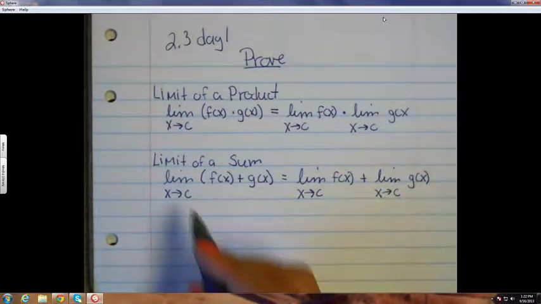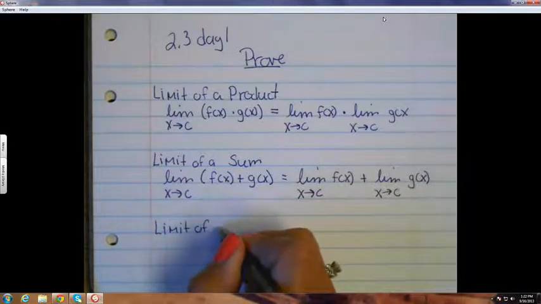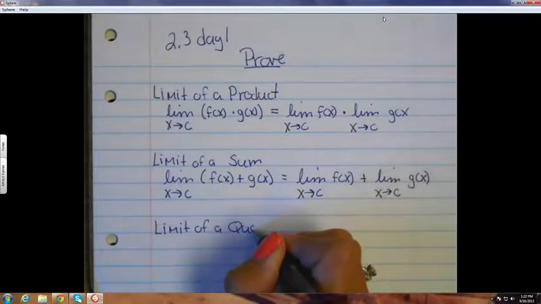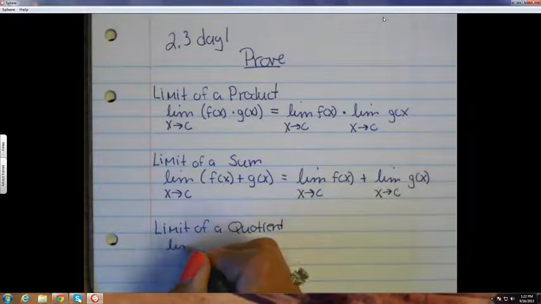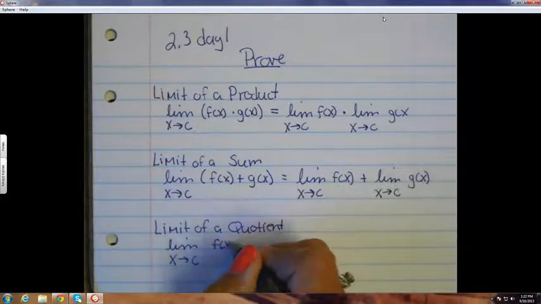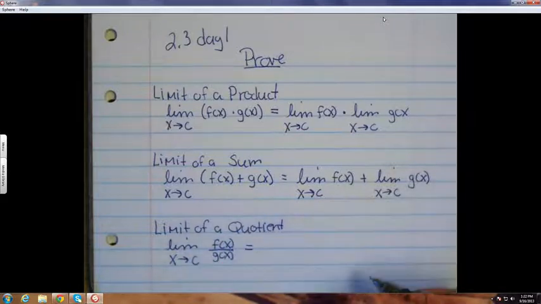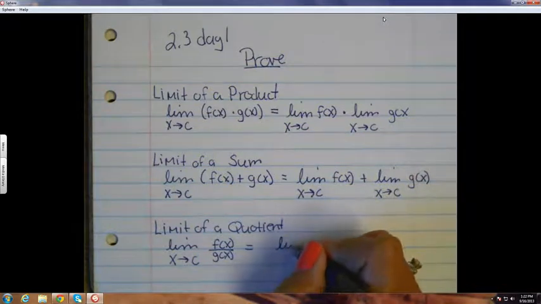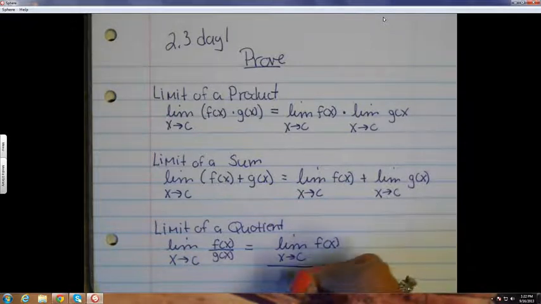Next one is limit of a quotient. So we've got the limit as x approaches c of f of x divided by g of x. That can be broken up into the limit of the numerator divided by the limit of the denominator.